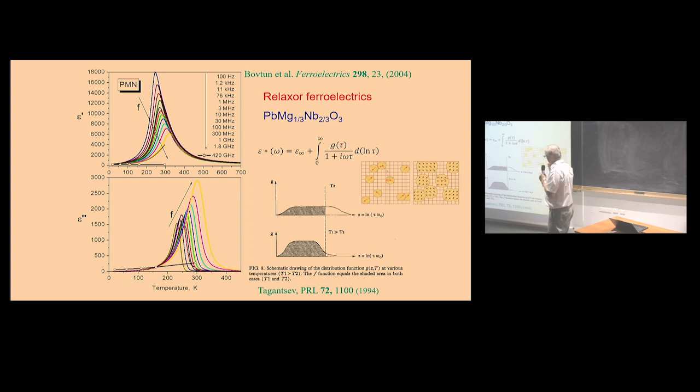This is due to, in this system, it's not a macroscopic ferroelectric phase, no ferroelectric domains, but only some polar nanoregions appear, let's say around 600 Kelvin, and they grow up on cooling and also fluctuate in direction, and therefore you have a dielectric relaxation from such movement of polar clusters.